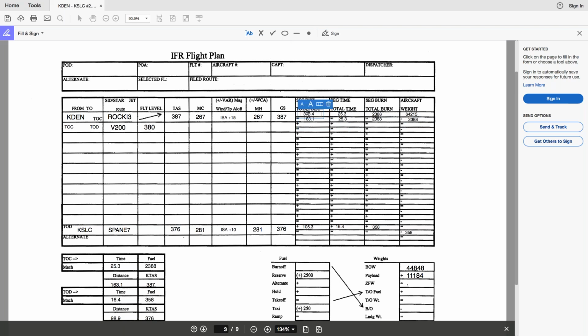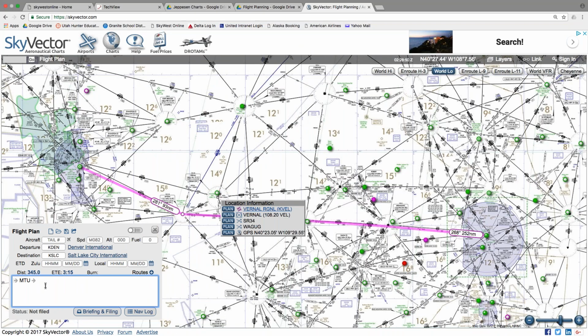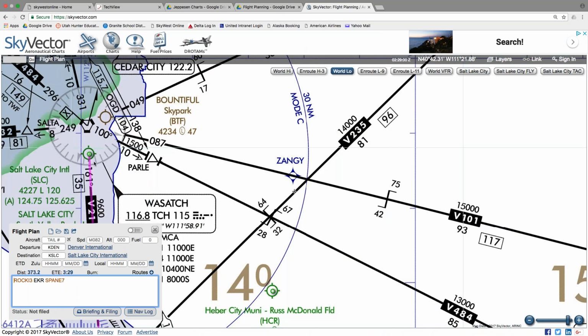It's SkyVector going direct, right? I wanted to see what it shows when you put in the SPAN 7. No, it says 373. So zoom in on Salt Lake right there. It just has us going direct to the airport.